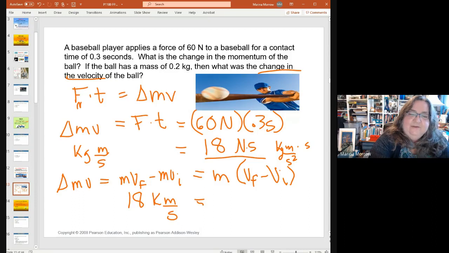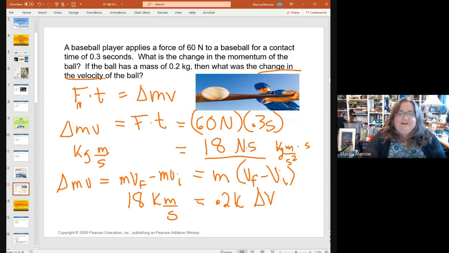And that's going to equal our mass, which is 0.2 kilograms, times our change in the velocity, delta v, v final minus v initial. Okay, so all we have to do is divide by that 0.2 kilograms on both sides, and that will give us our change in the velocity.